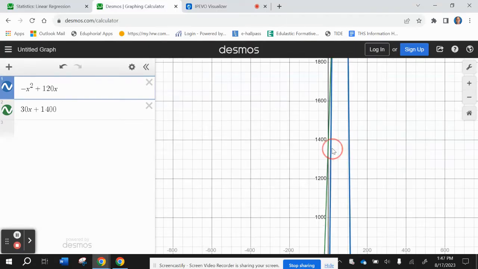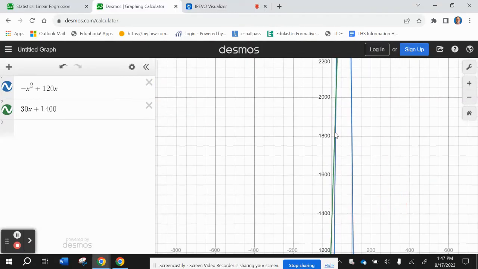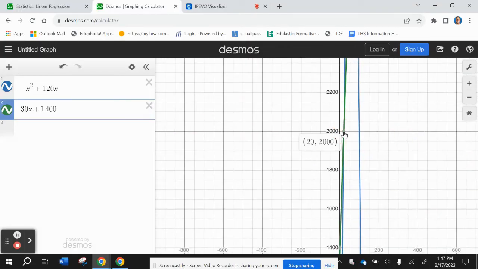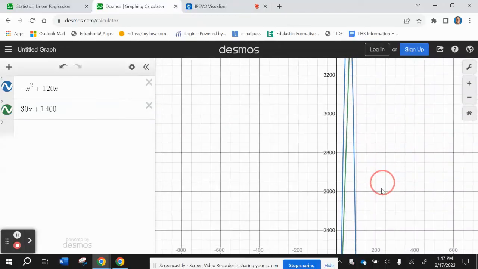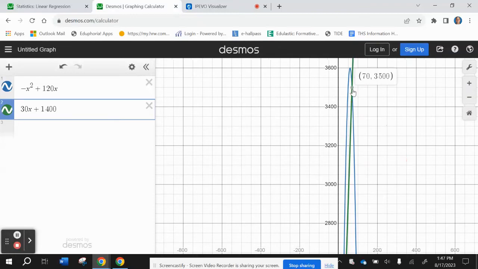Okay. So, you can see here is one of the points of intersection. So we're going to write that down. And then we're going to scroll up. See here, when you click on the graphs, the intersections pop up. So then, okay.